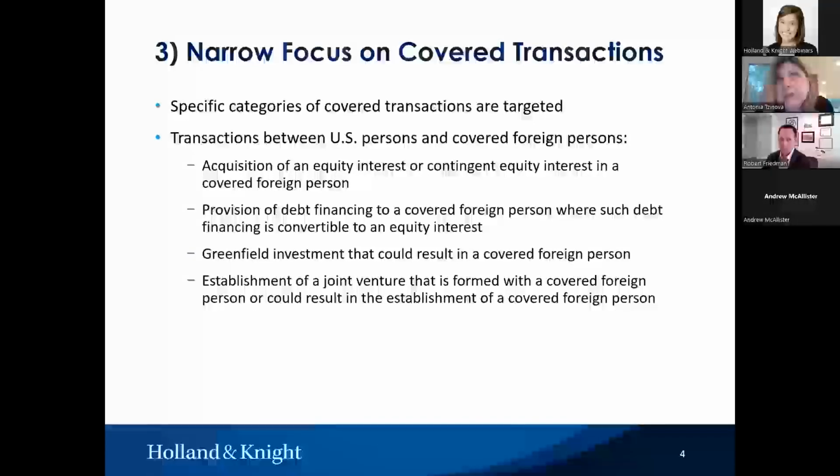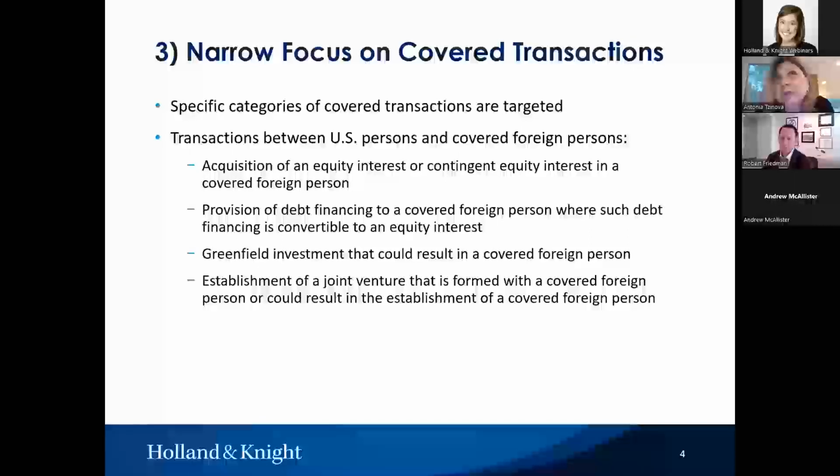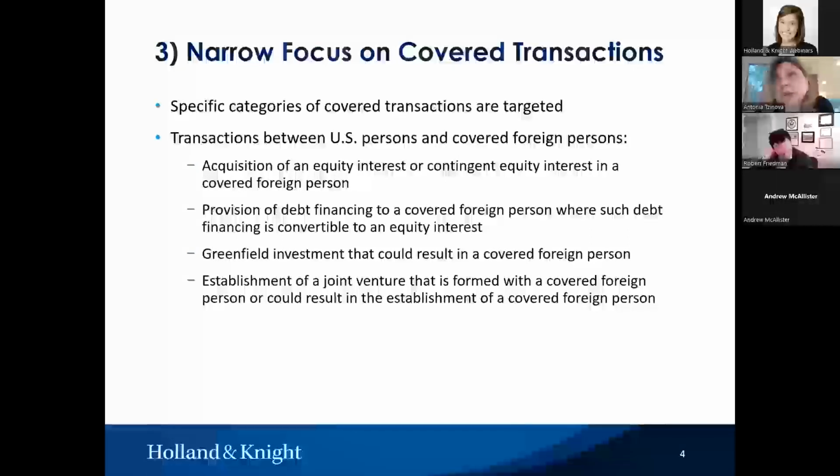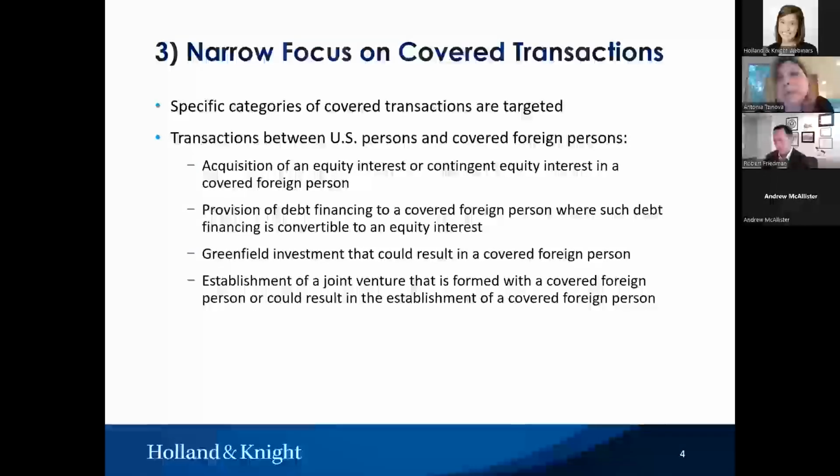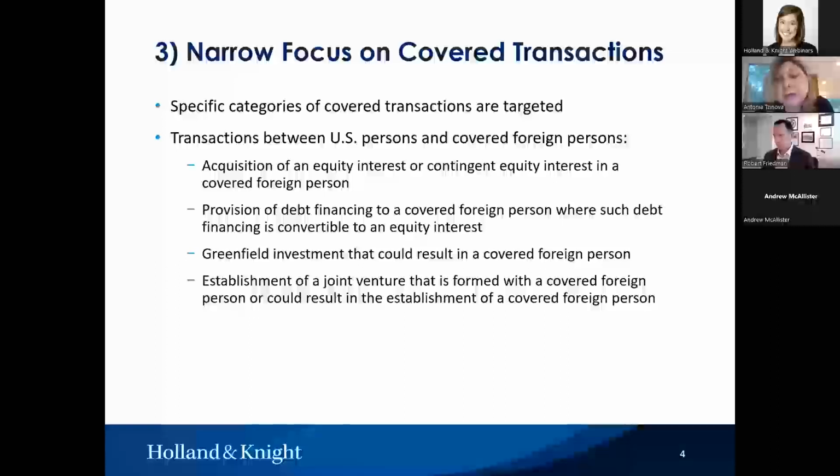The idea here is to limit the ability of a country of concern to develop this technology at the speed at which they are. So just as a big picture, nobody is thinking that China would never be able to get access or develop its own artificial intelligence, quantum information technologies or semiconductors.